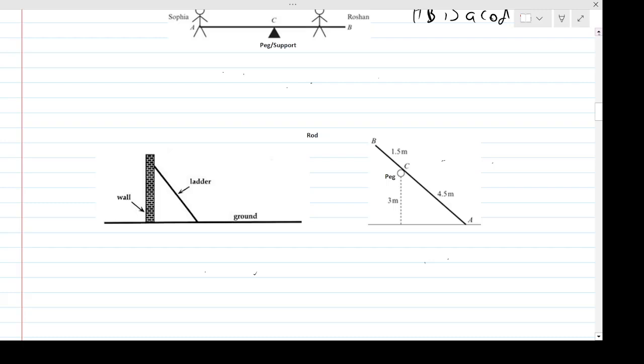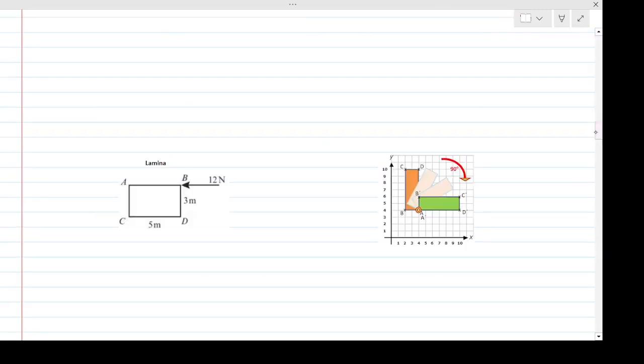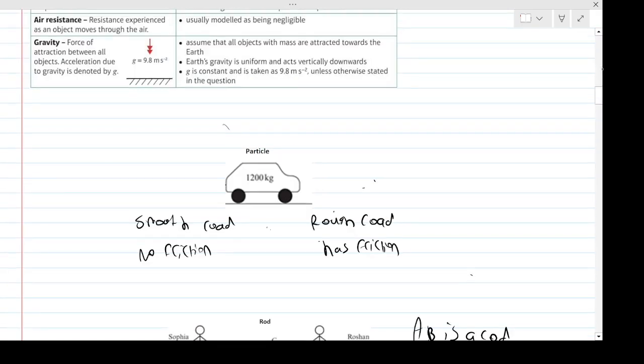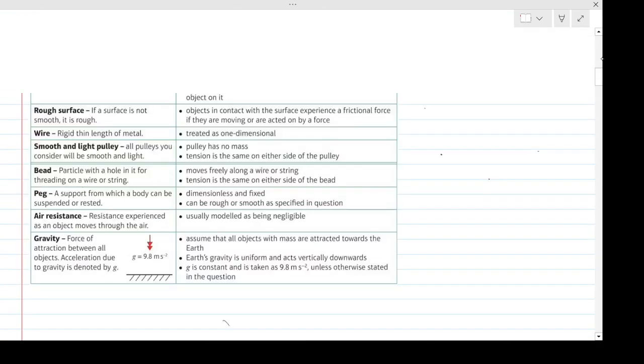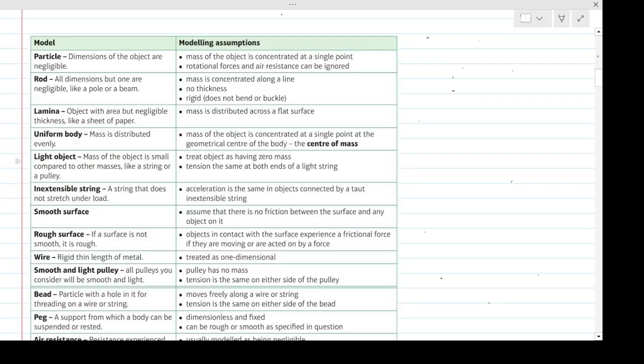That's rods. Now lamina. What we looked at so far is a particle. A particle we can just draw as a point, as we discussed. It has no dimension, so it's just a point, and because it's a point, the mass of the object is at that single point.